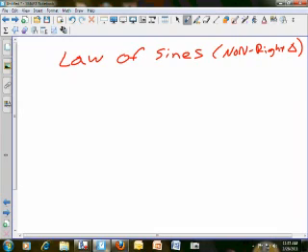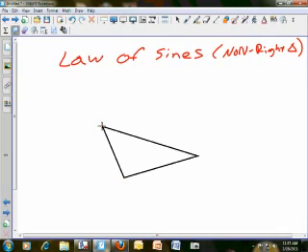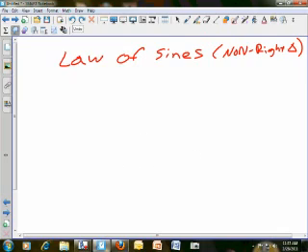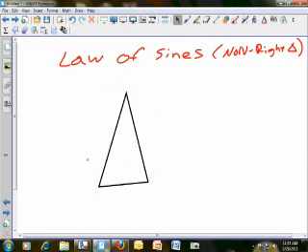So, for instance, if I had a triangle that looked like this, and I know this angle, and I know this side, and this angle, and I want to find that side.